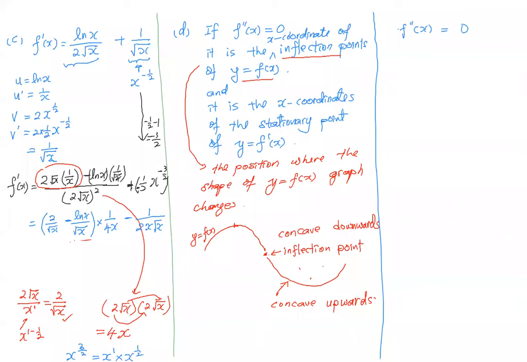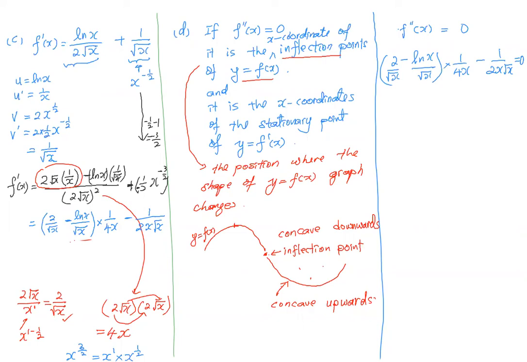So this is (2 minus ln x) over ... Okay, so I put this equal to 0. So we know that our x cannot be 0, correct?